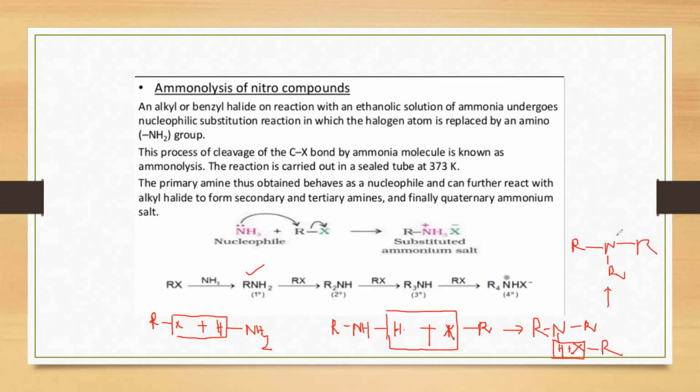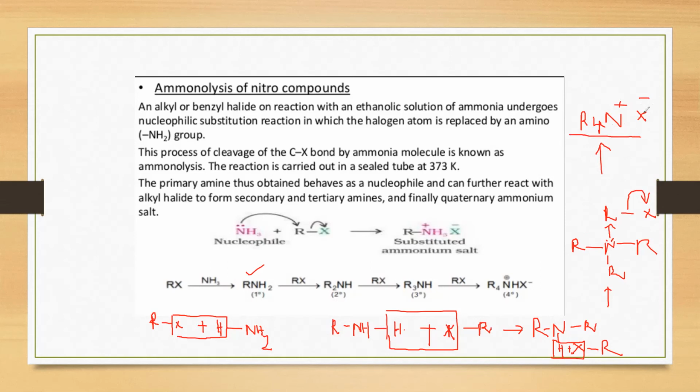And then finally, if you have another molecule of RX, here nothing needs to be removed, it just directly coordinates with this one, and this X will leave as X-. So you will be getting the product R4N+ X-. We write X- in the vicinity of R4N+ because this is a quaternary ammonium halide.